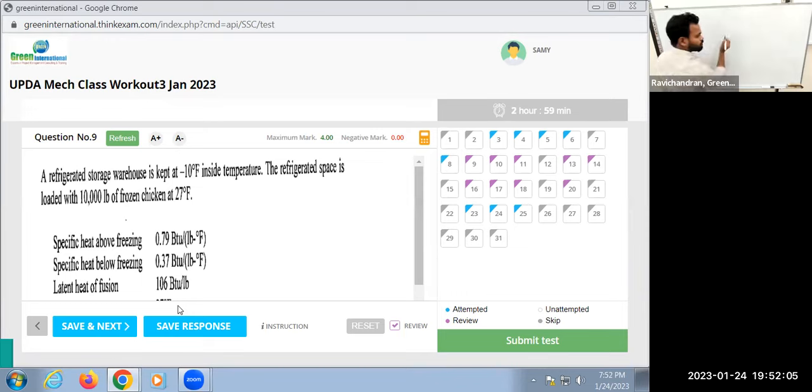So specific heat above freezing is 0.79, and specific heat below freezing is 0.37.